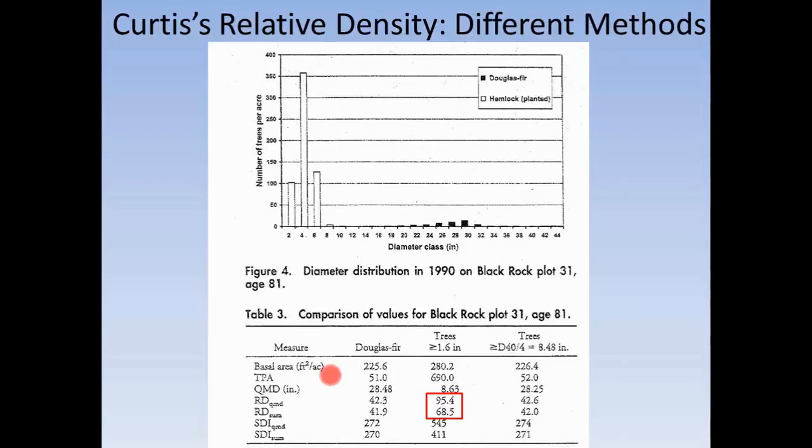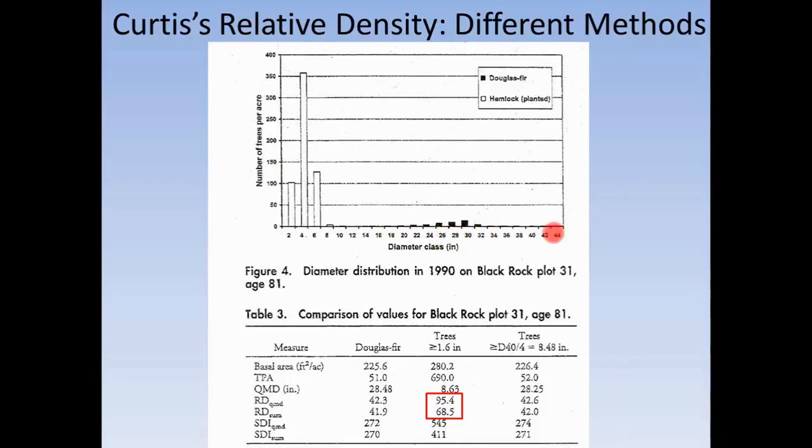Bob is recommending the summation method now because there are some issues with the average method. And these issues are most prevalent where we have small trees. There's a case here, from one of his publications, where we have a diameter distribution that has some big trees here and then a cohort of small trees.